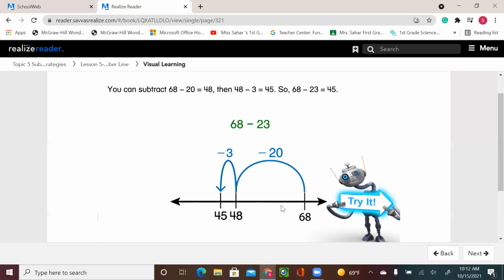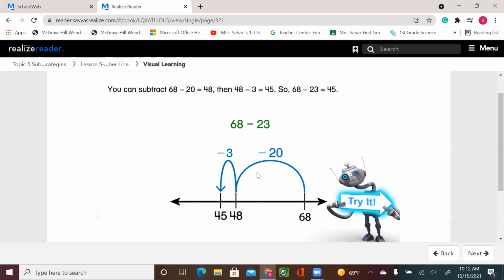So for this one, we can just skip counting, and instead of counting 10 and 10 like in the previous way, we can just see that in my tens, I see 20, so I'm going to make a big jump or big step of 20. So 68 minus 20 is 48, because the ones remain the same. I'm only taking away from the tens.